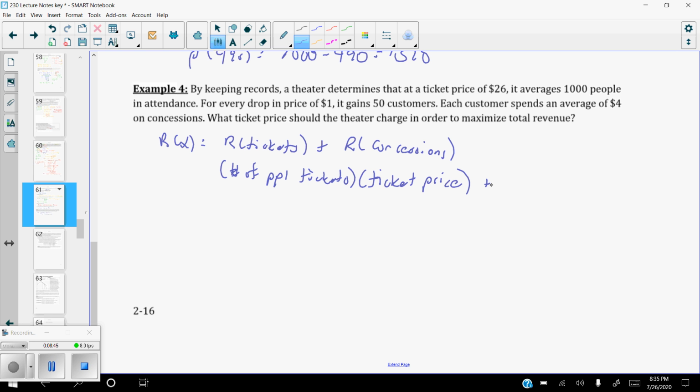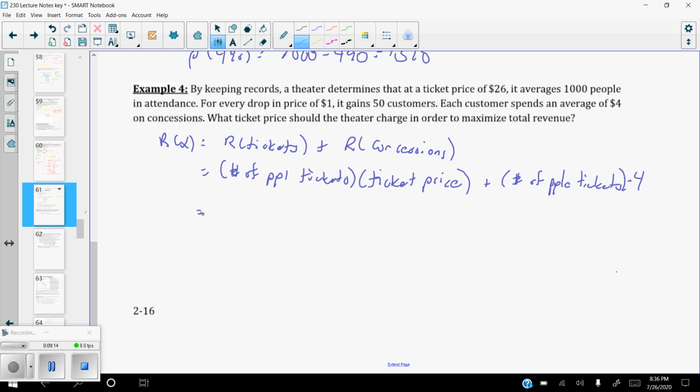And then the revenue from the concessions is once again the number of people that buy tickets times 4, and that's just because they spend on average $4 on concessions. So the biggest things we need to figure out are how many people are buying tickets and what the ticket price is. If we find that out, we can do the rest of this.